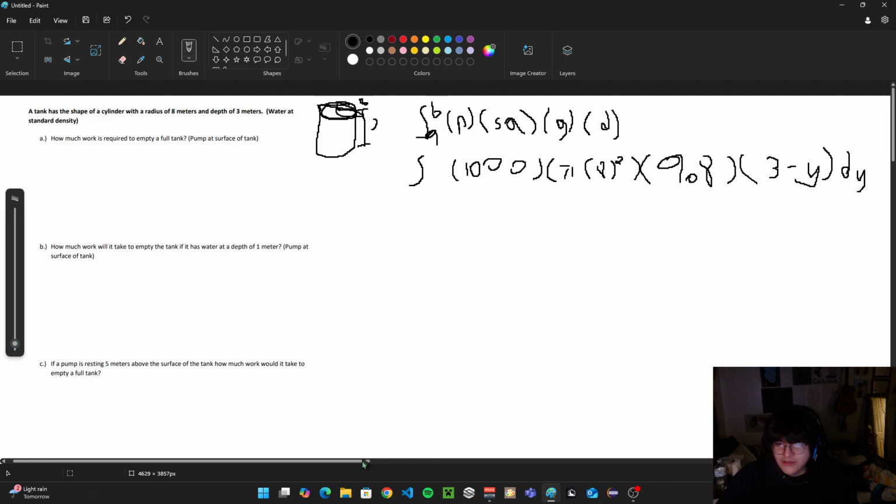From here, we have to know what a and b are. Since the tank has a depth of 3 meters and it is full and we want to empty it, it's going to be from 0 to 3. We're going to solve it in terms of pi.